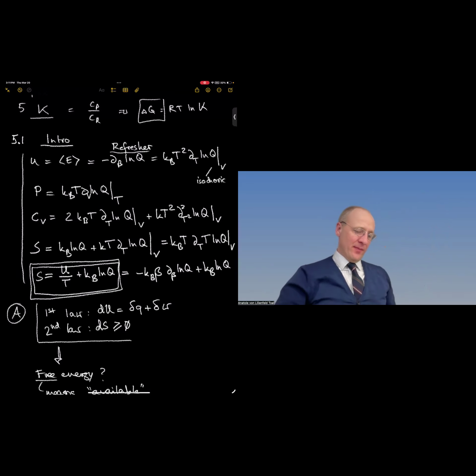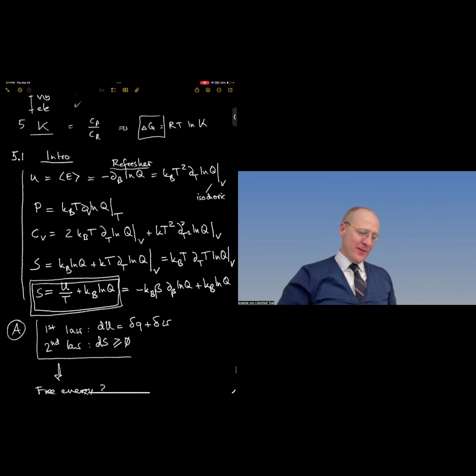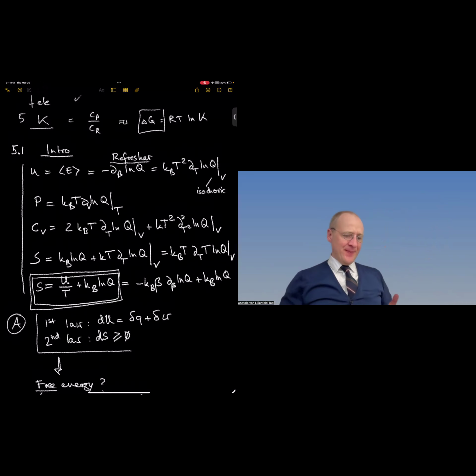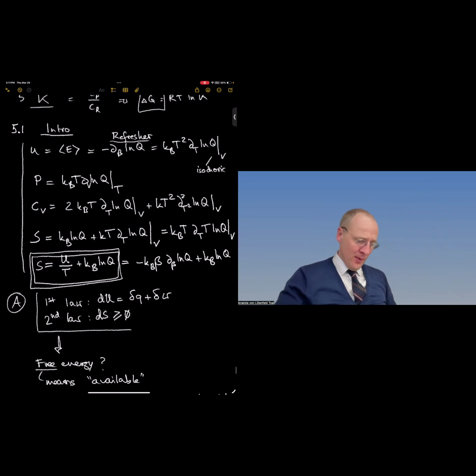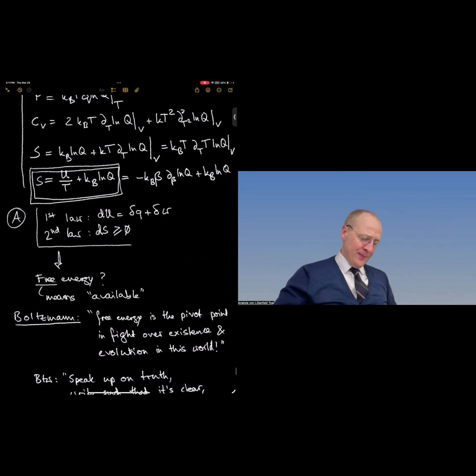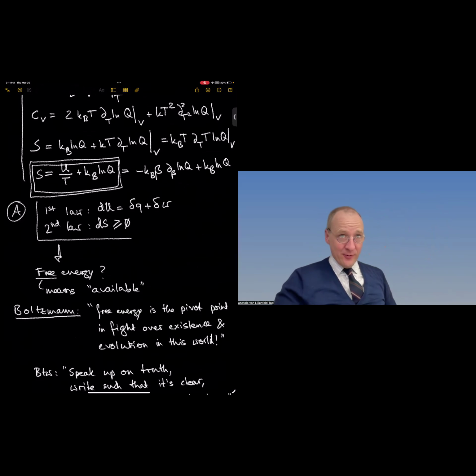We have started with chapter 5 on the equilibrium constant, and in particular in the introduction we started out with the first law, and we went into the free energy, right?